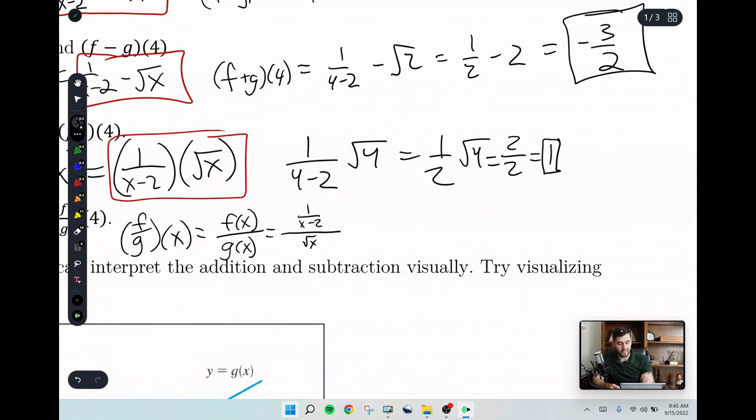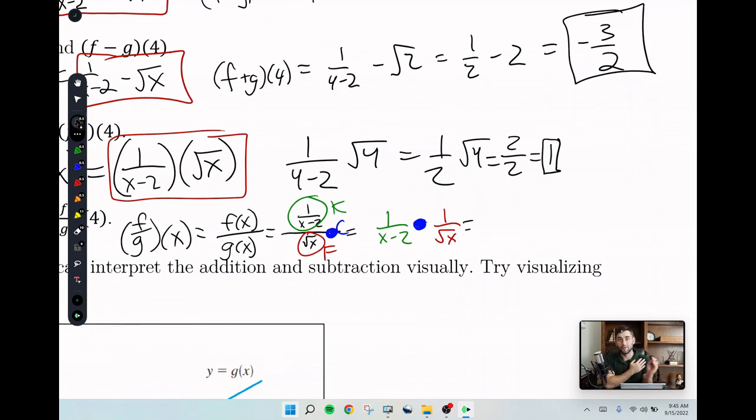And if you think back to keep, change, flip: keep is the green, so I'll keep that green, 1 over x minus 2. Change is the division to multiplication, so I'm going to change that division sign to multiplication, that's the blue part, and flip the bottom. Technically that's a fraction over 1, so I'm going to flip it to 1 over the number. That's the keep, change, flip review.